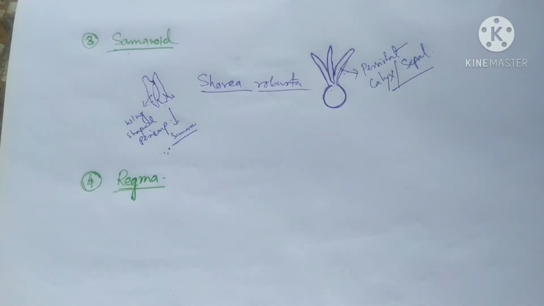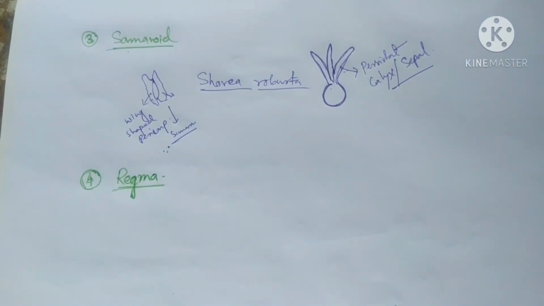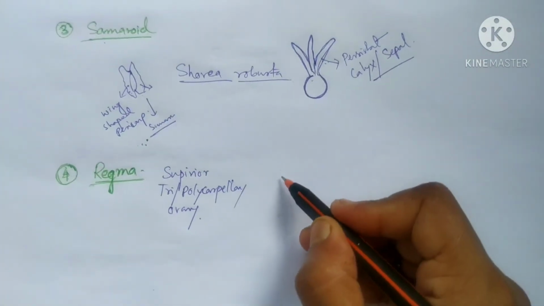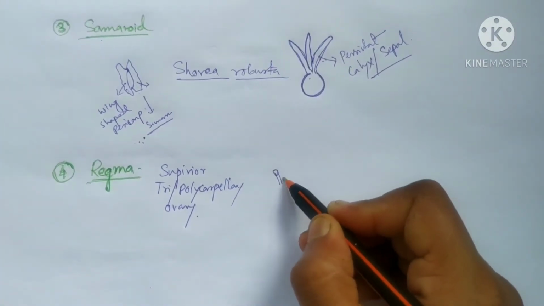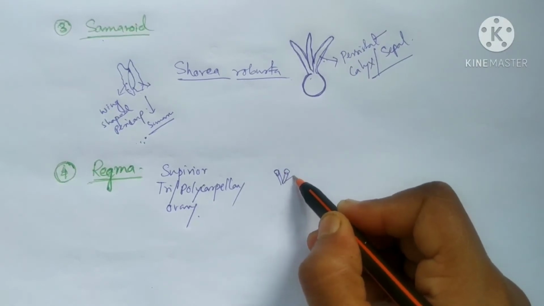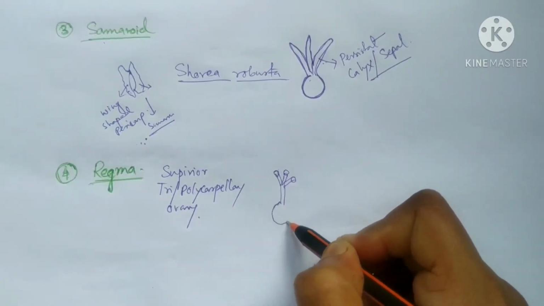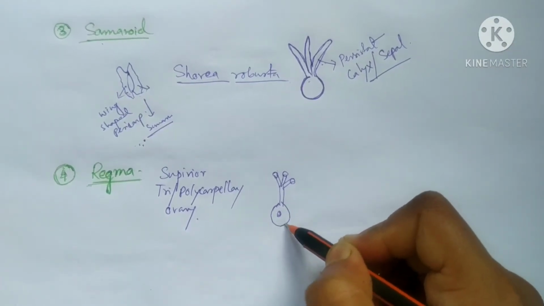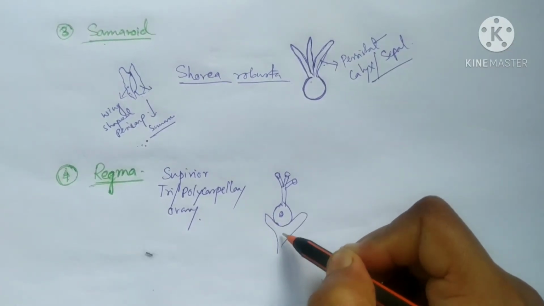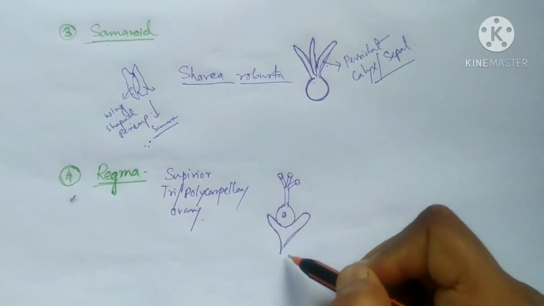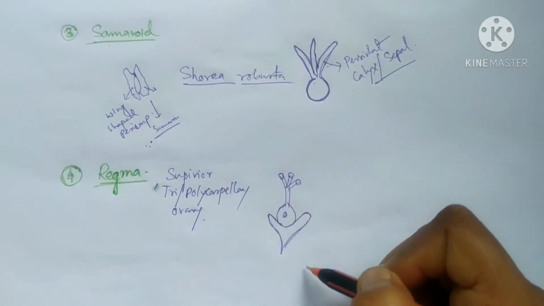So a superior tricarpellary or polycarpellary ovary. Superior means all parts originate after this ovary, right? Ovary in superior position.